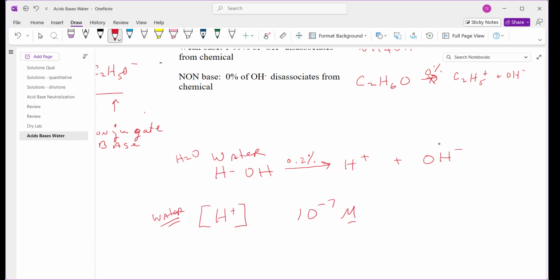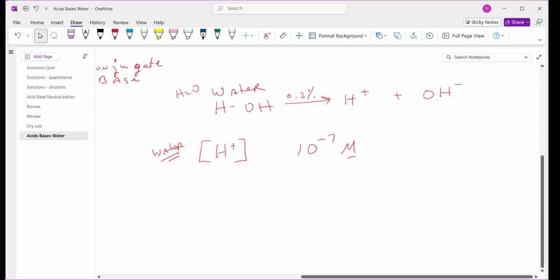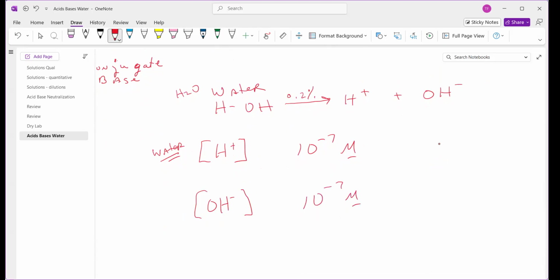Not very strong. And since this is a balanced equation, the hydrogen ion and the hydroxyl ion, HO minus, that ratio is 1:1. So whatever H is, OH is the same because of our balanced equation.